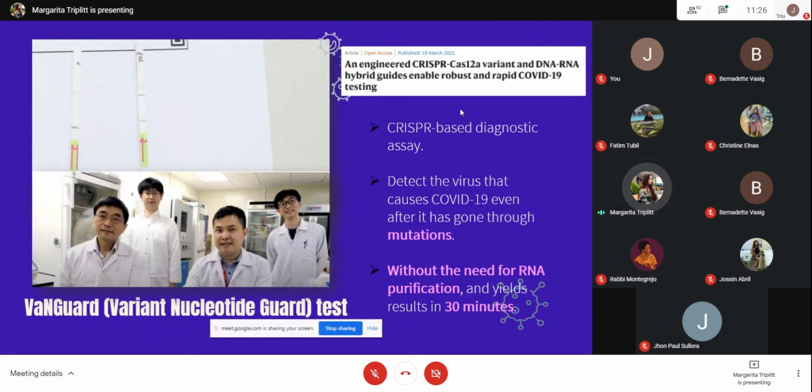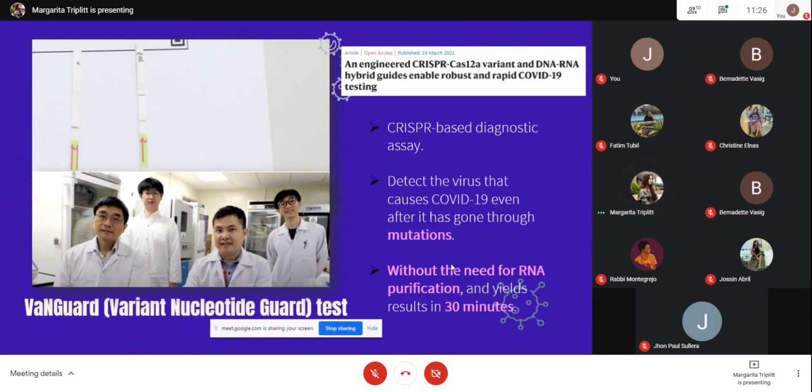So they have a preserved guide RNA to detect if one guide RNA could have a mismatch, which is very relevant to this day and age.